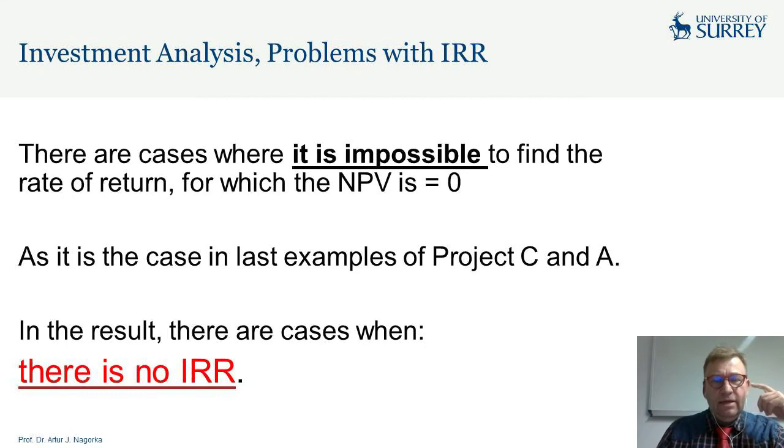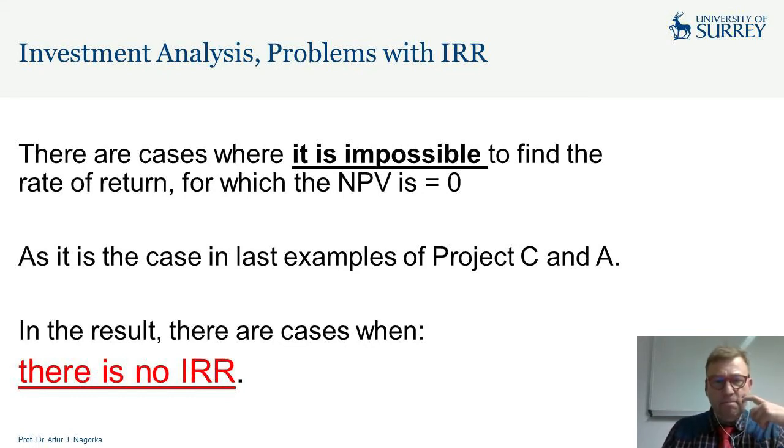Yes, there are cases when it's impossible to find the rate of return for which the NPV is 0. They are impossible to find where it's 0. So in this case, there are projects C and project A. As a result, there are cases with no IRR.